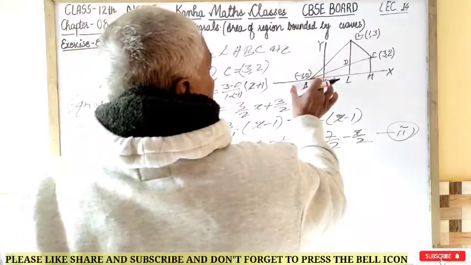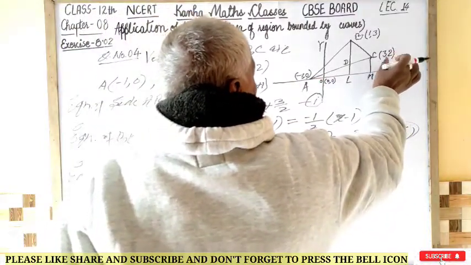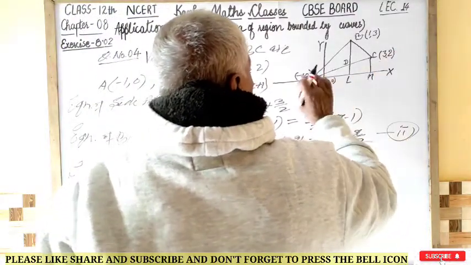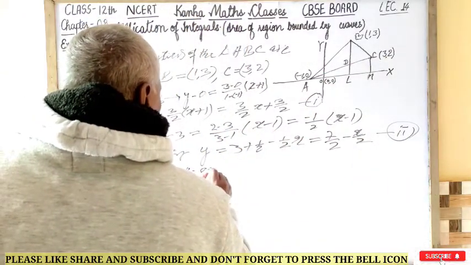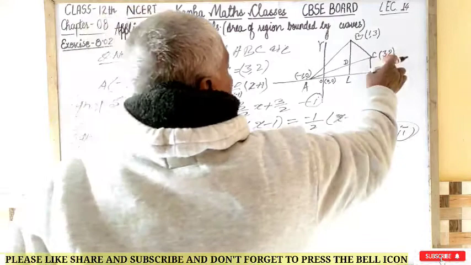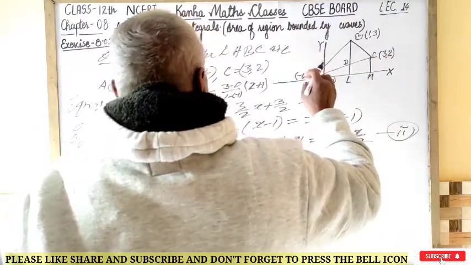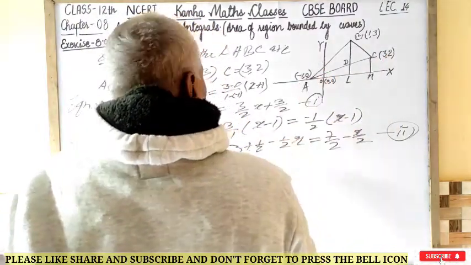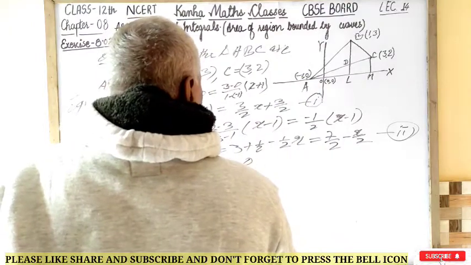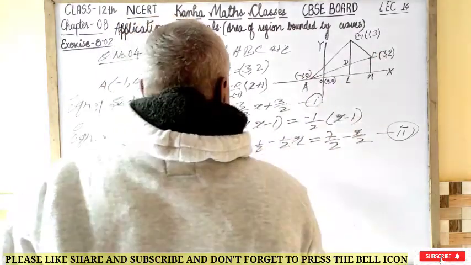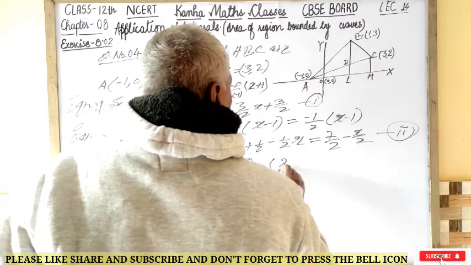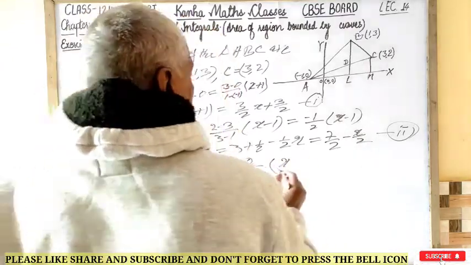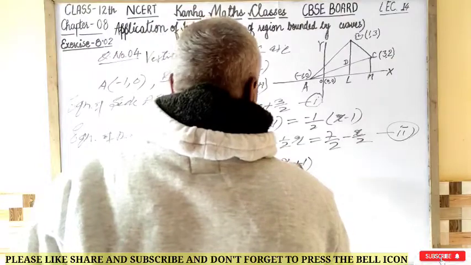Here x1, y1 is (-1, 0) and x2, y2 is (3, 2). y minus y1, that is y minus 0, equals y2 minus y1, that is 2 minus 0, upon x2 minus x1, that is 3 minus 1, times (x minus x1), that is x plus 1.